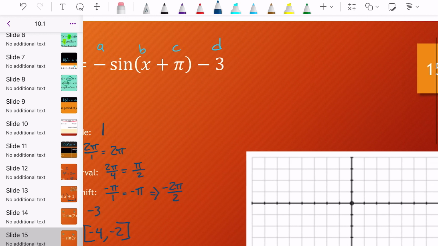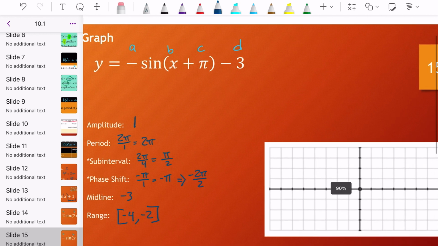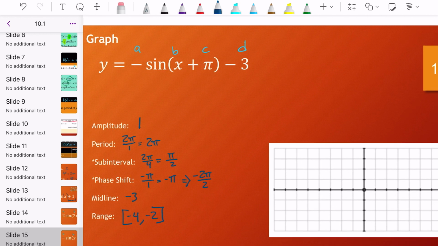So the first thing we're going to do is label our minimum and maximums. In this case, -2 would occur here. -4 would occur there. Now, if we have a period of 2 pi, we're first going to have to understand what is our subinterval, which is pi over 2.